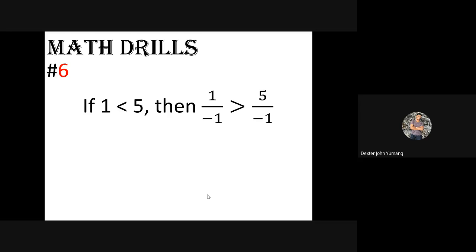Okay, nag-divide siya ng negative number, tapos nag-change ang kanyang symbol. Ano tawag dyan? Nag-divide siya ng negative number na nag-change ang symbol. Okay, so para ito sa mga nagkamali. Okay, post your answer now if you have the answer.